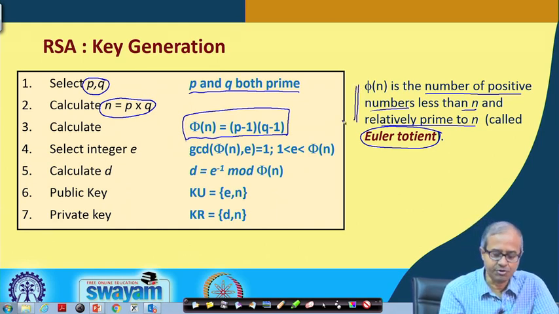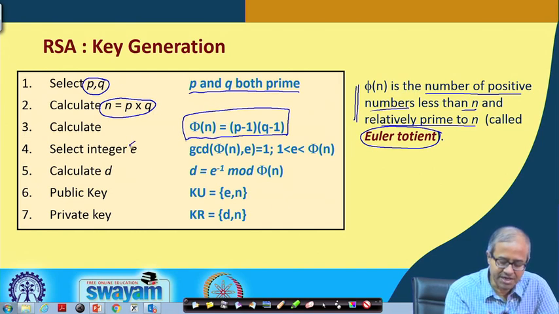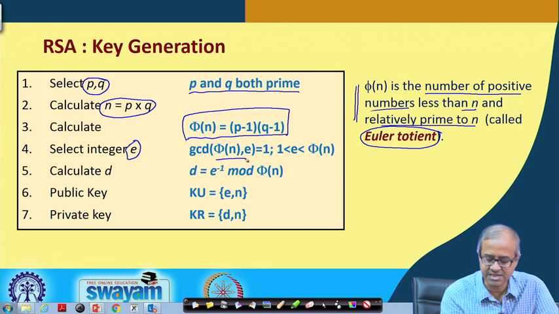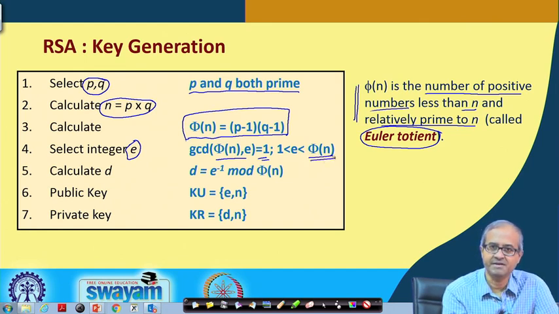In the next step, what do you do? You select an integer e such that the greatest common divisor, GCD, or HCF, highest common factor, same thing, of phi of n and e is 1, and the other constraint is that the value of e should be less than phi of n, not greater than that.